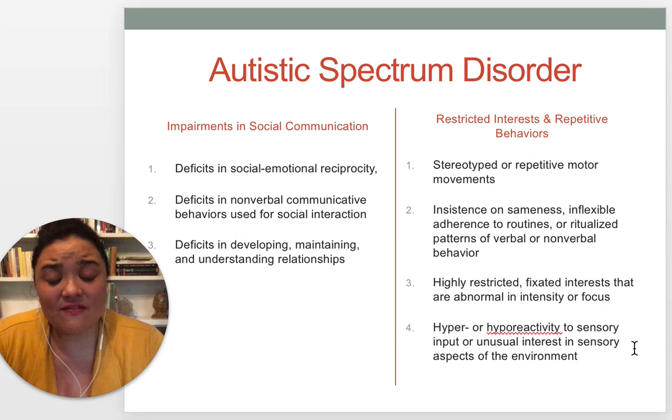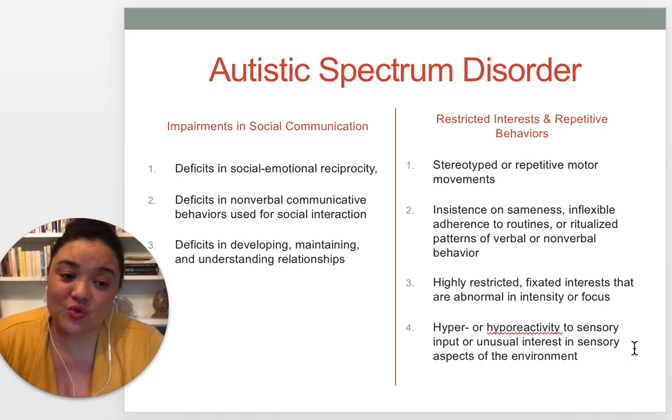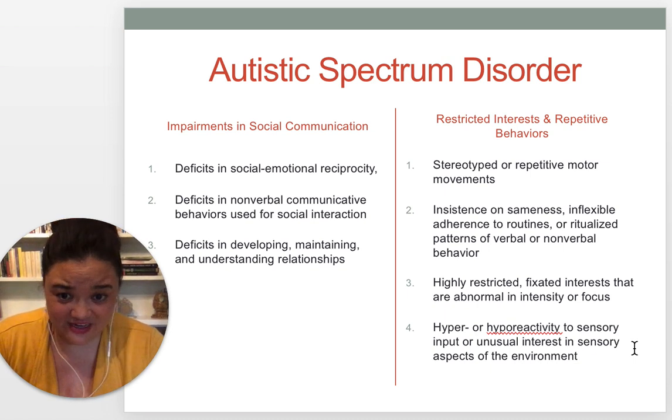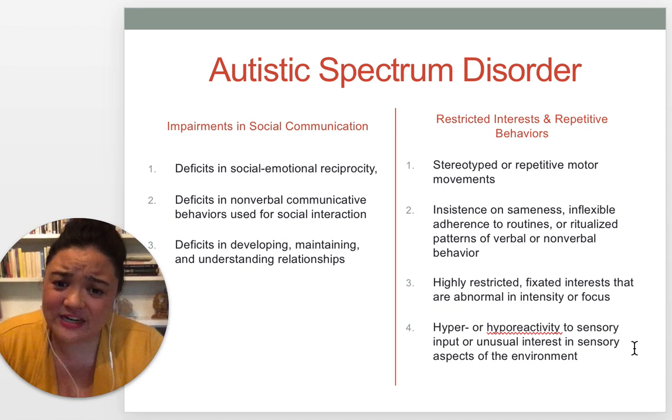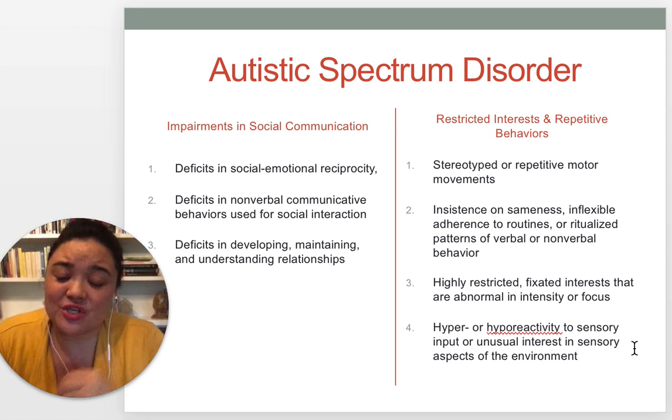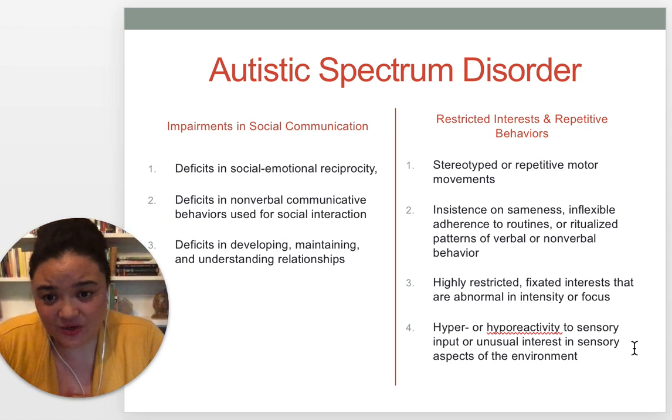So it is a very typical thing to have, especially in young children, to have a preferred character or preferred activity. But what makes it different in autism is that it's highly restricted and it's abnormal either in what they're interested in or in its intensity, right? So when I was teaching, Thomas the Train was a big popular thing with preschoolers.